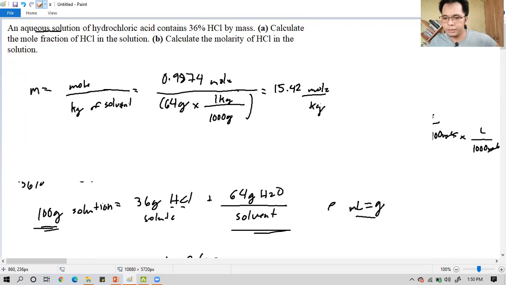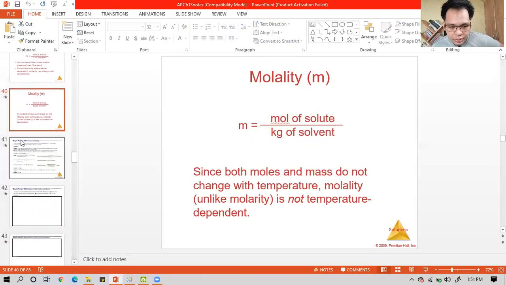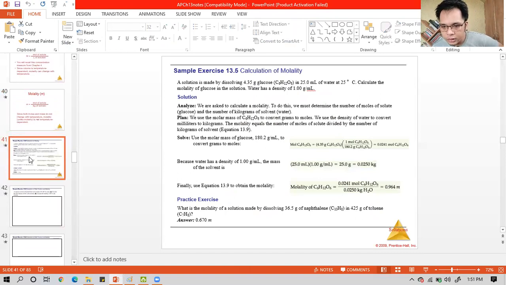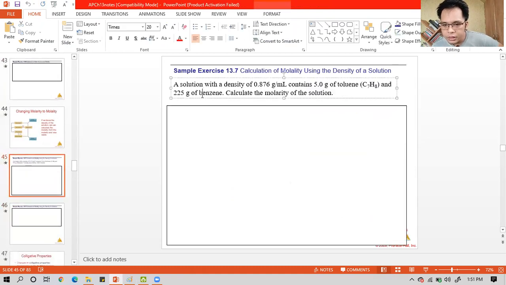Okay, so take screenshot for this solution so that you can review it later on. Okay, next. I think the last problem for this discussion is changing molality using a density of solution.